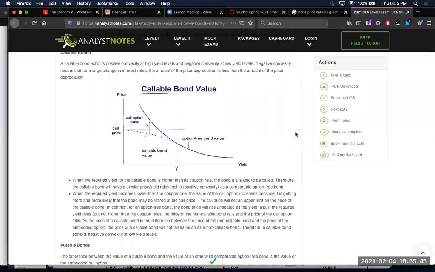How often do companies actually call them? Whenever it's in favor. I don't know a percent that I could give you, but I do know that bonds that have had embedded call features in them over the last 2 years have been called a lot.